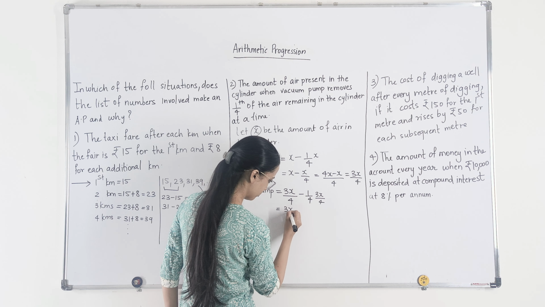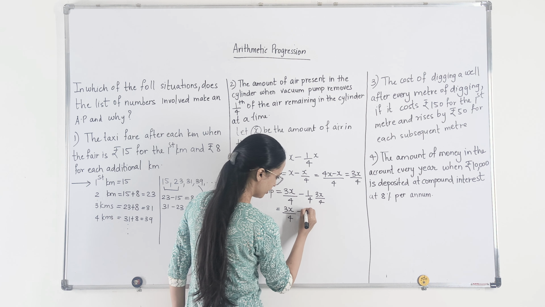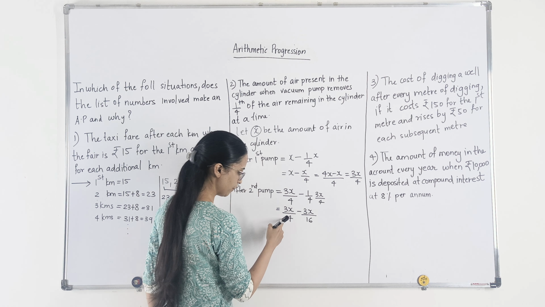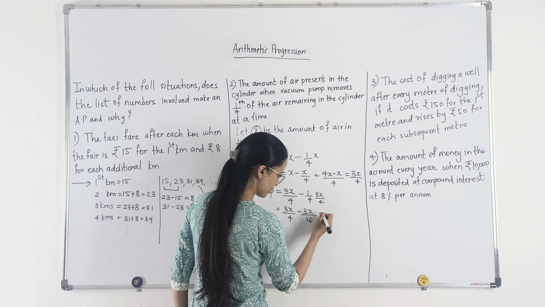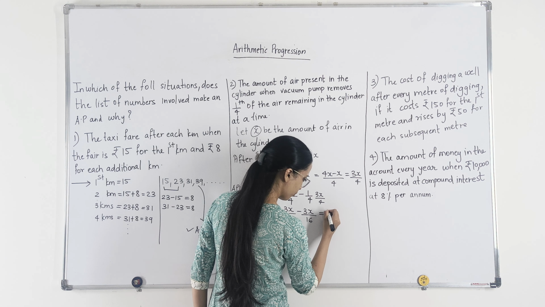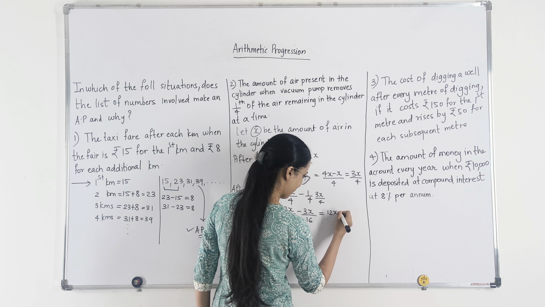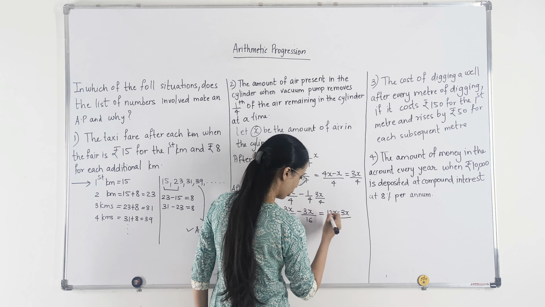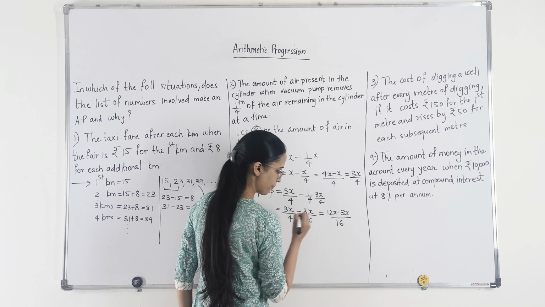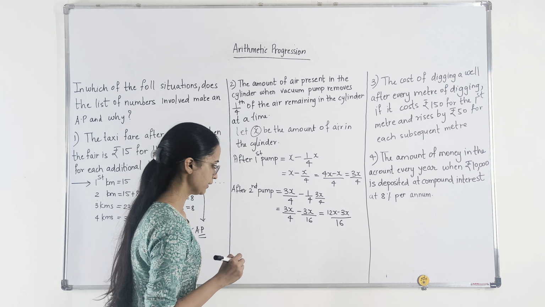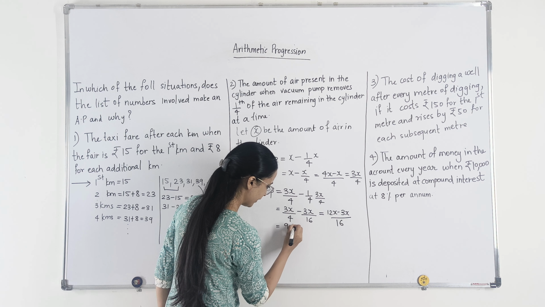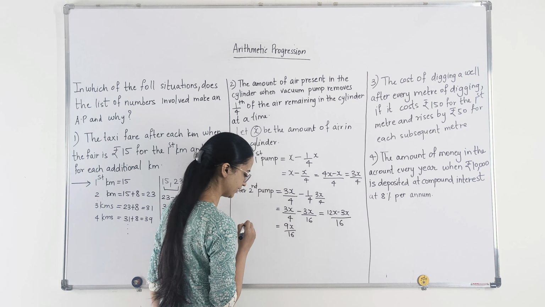So first let's simplify a bit. Here 1 into 3x is 3x and 4 into 4 is 16. When you try to take the LCM, you're supposed to multiply the first fraction with 4. So 3 into 4 is 12x minus 3x the whole upon 4 into 4, which would be 16. So we would be having the common denominator 16. So 12x minus 3x is 9x upon 16.